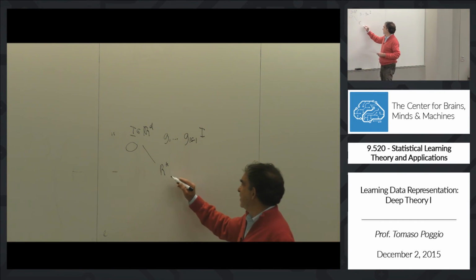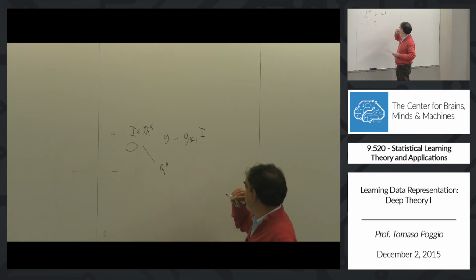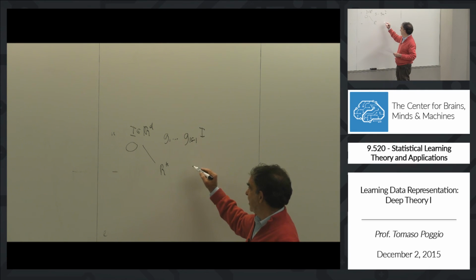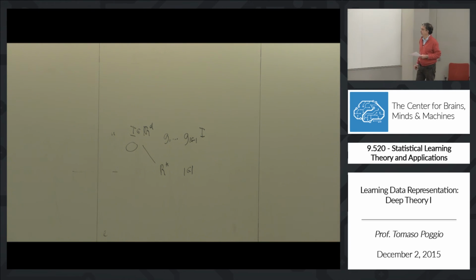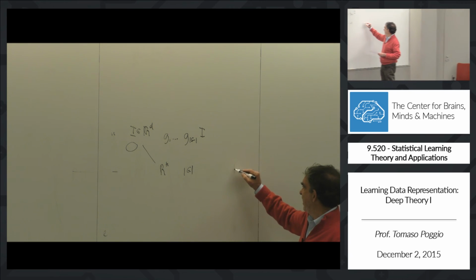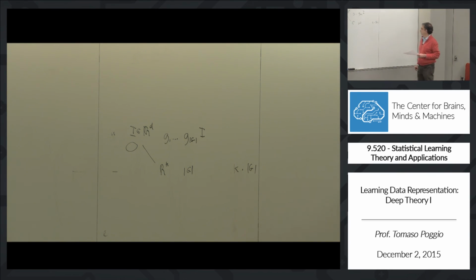But now I also have, for each of the templates, its G transformations. And so now I have a total of k times G templates.